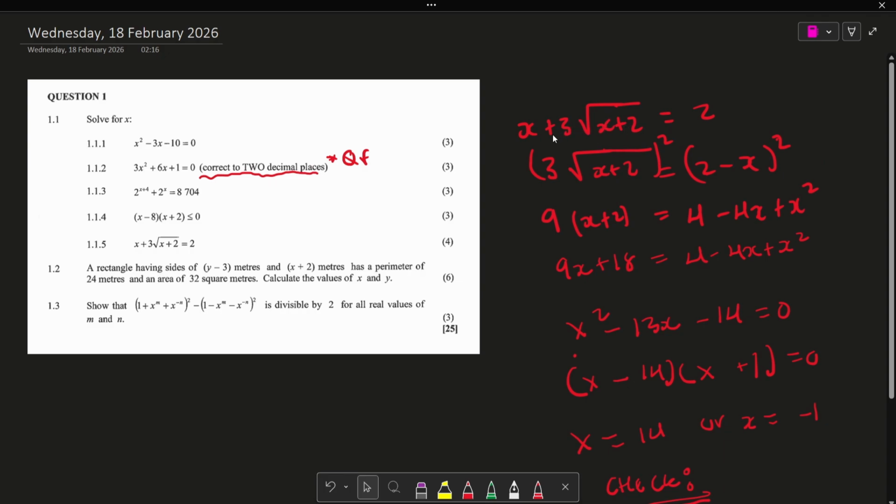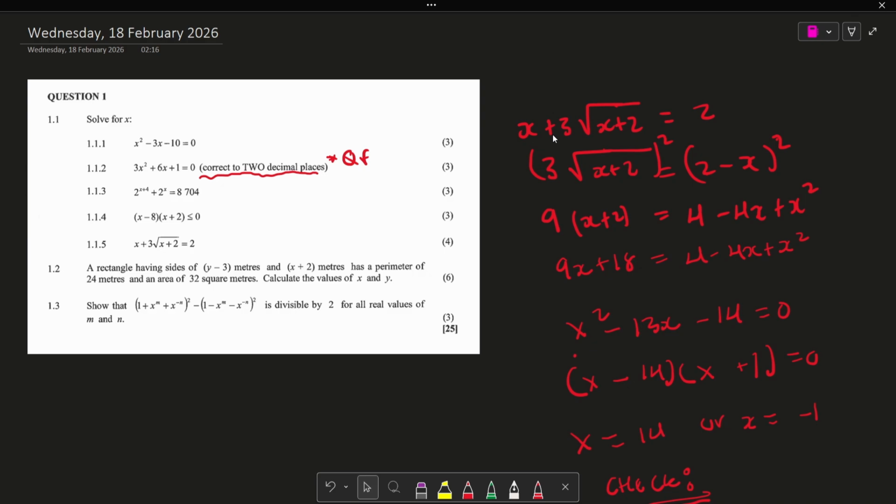You get it? So if we say 14 plus 3 root 16, does it give us the answer? Nope, it does not work. So 14 does not work. Let's try minus 1.